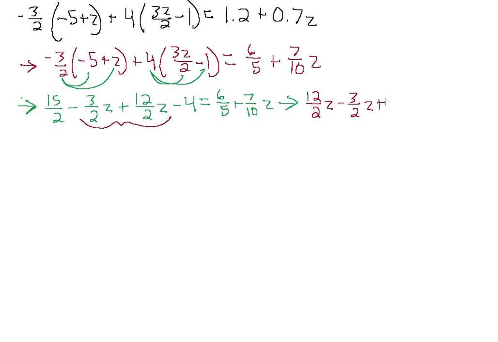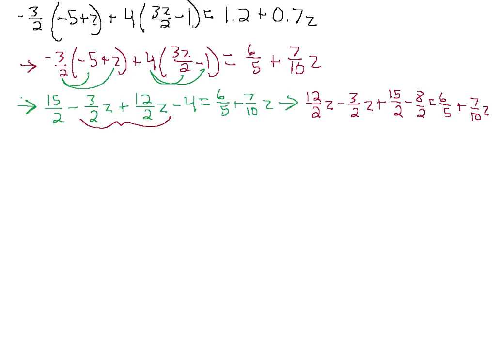We're going to move these two together. We have a plus 15 over 2. Let's change minus 4 into a rational number with a denominator of 2, so minus 8 over 2, so we can subtract these in the next step. Always looking ahead to the next step. We have 6 over 5 plus 7 over 10z.